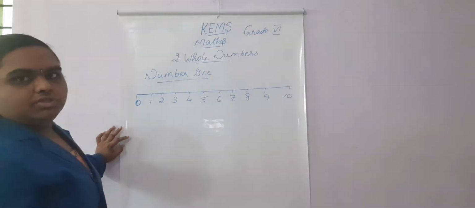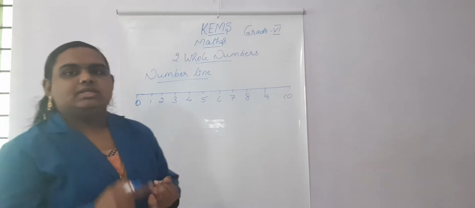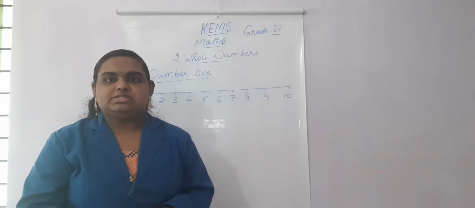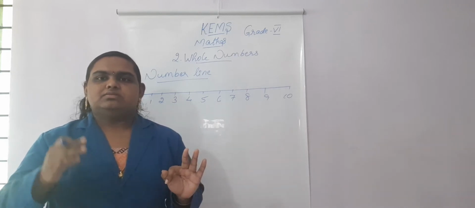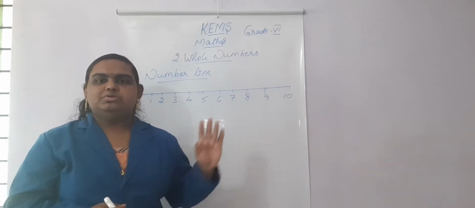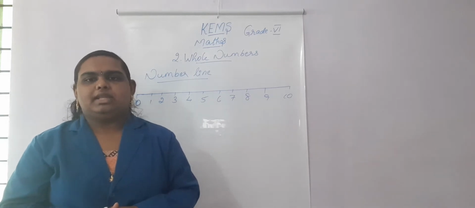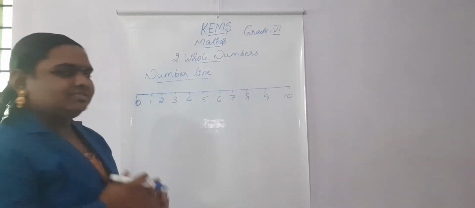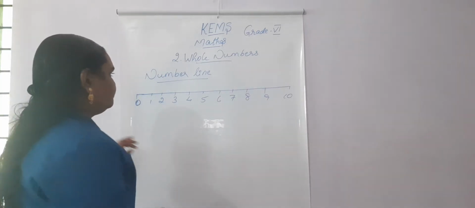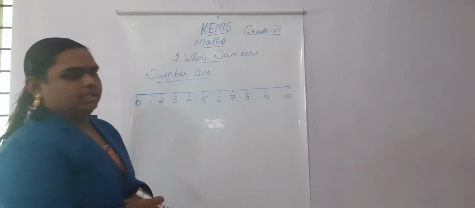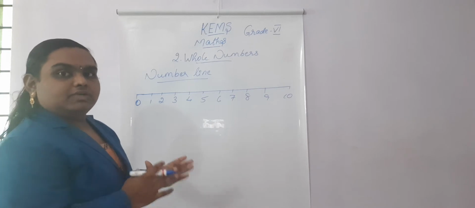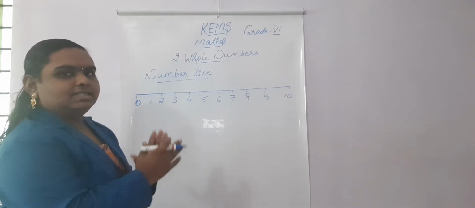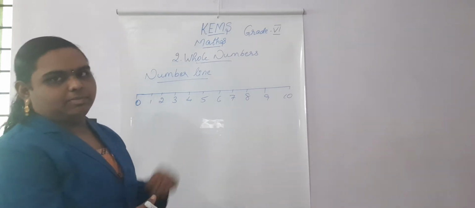So, we are going to learn addition, subtraction and multiplication on the number line. These three operations we are going to do through number lines. Let's see how. First I am taking the number line, 0 to 10. Now first we are going to find the predecessor and successor on the number line.